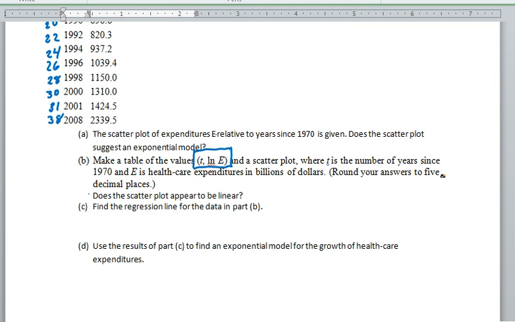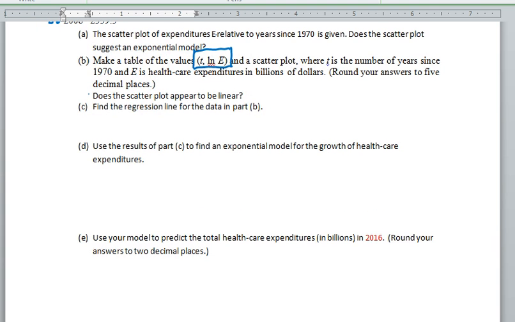So now we're going to write the regression equation in terms of the natural log of E and t.